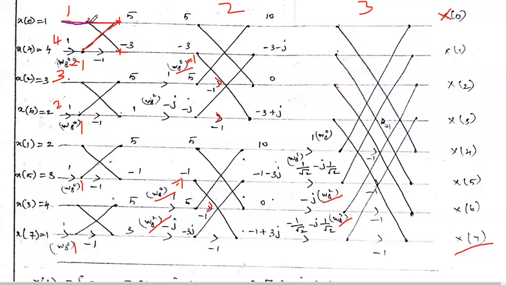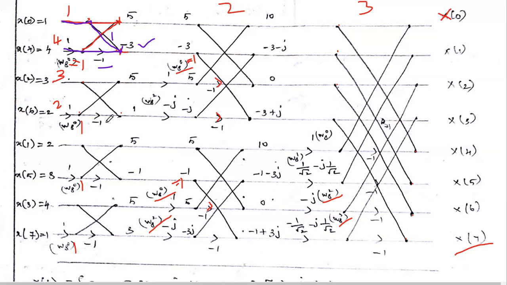This data 1 is given to this line, so 1 is coming here, and similarly from the lower line one input is coming. What is the input? This 4. The 4 multiplied with W8 power 0 is the same 4. Then this 4 is coming via this multiplier minus 1. So 4 multiplied with minus 1 is minus 4. So 1 minus 4, if you add in this adder, what is the answer? It is minus 3. Okay, so we got the answer.